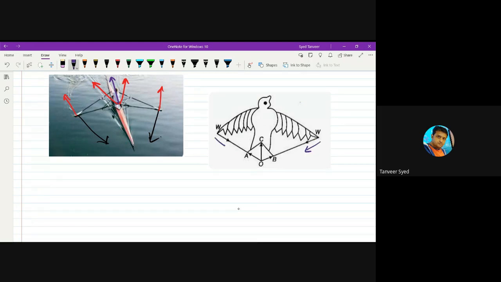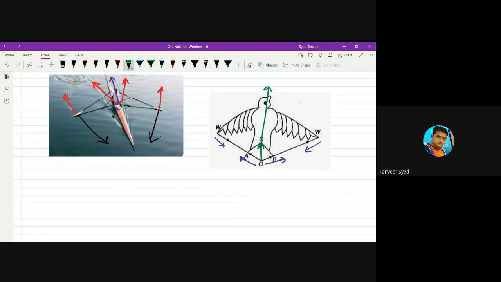This and this. As a result, air pushes it exactly in the opposite direction. These two are two sides of the parallelogram. The resultant of these two is given by this, and this is the direction in which the bird goes.